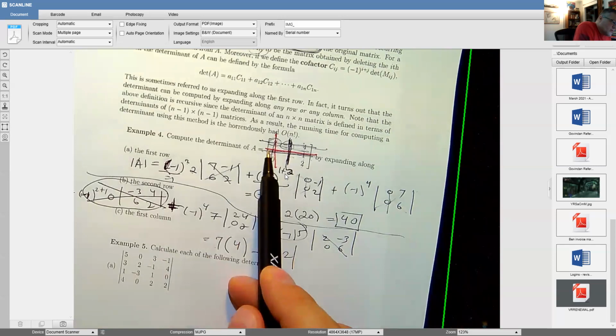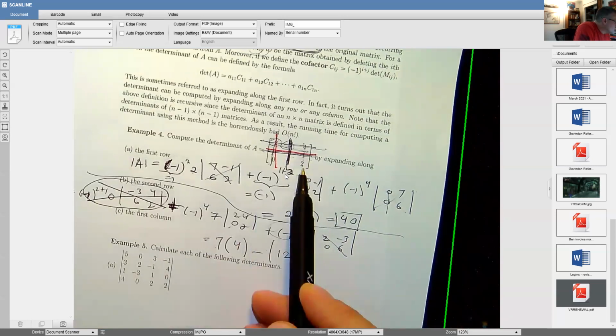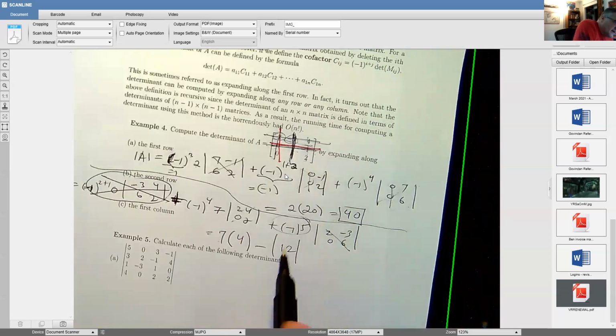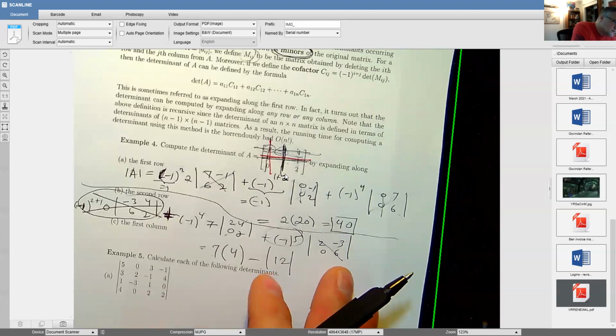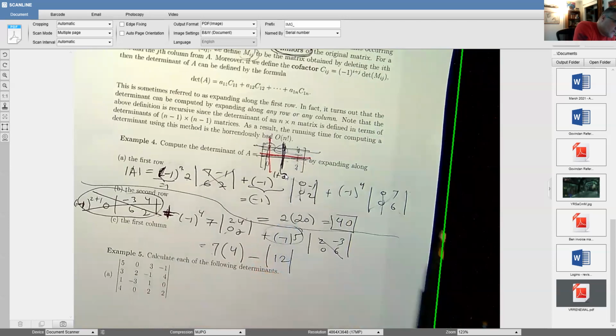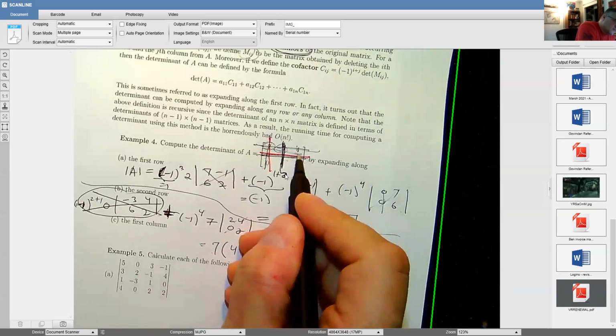So the row is 2 plus the 3. Where did that foul up? So I have row plus column. Oh, that's why. There's a -1 here.